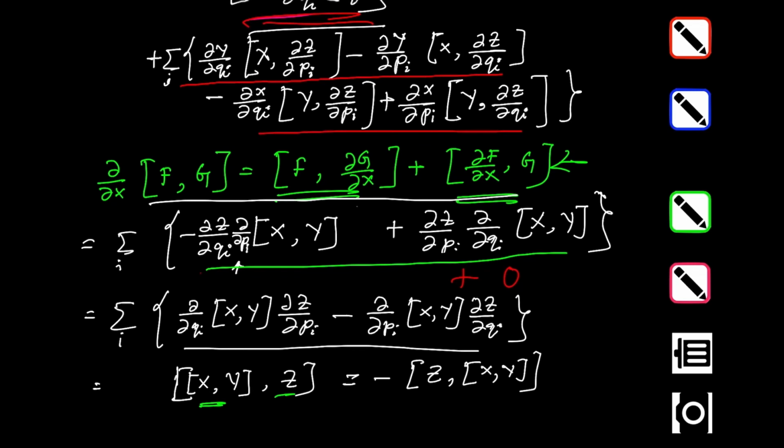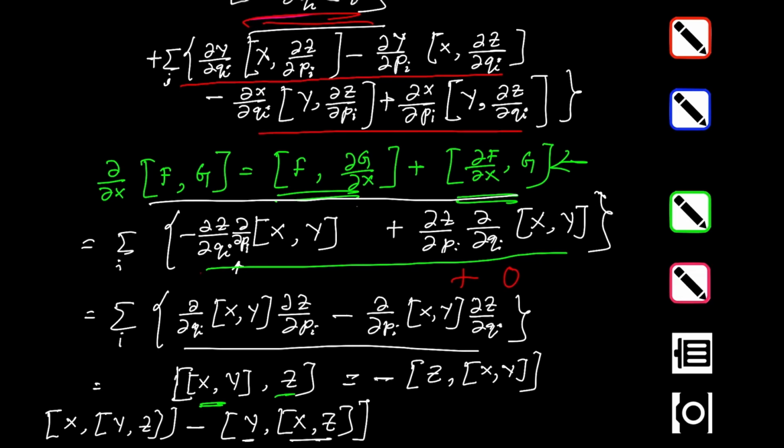So this is what we have got, and our initial expression was, initially we had taken Poisson brackets of x and that of y and z, minus Poisson brackets of y and that of x and z.